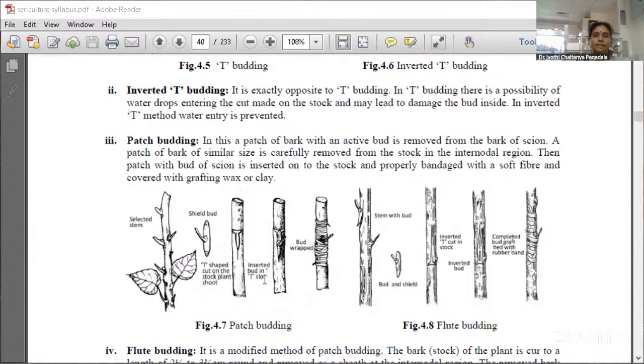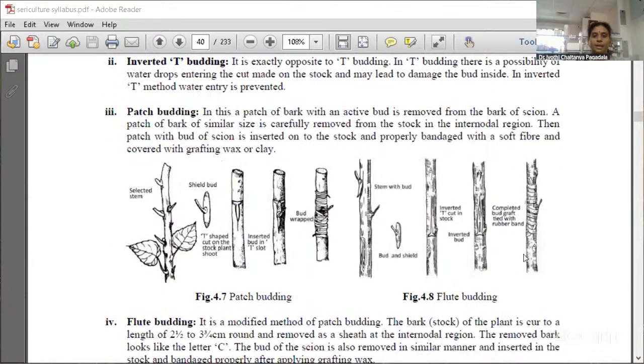Patch budding, here you can see the structure of the patch budding, levels of the patch budding. In this, a patch of the bark with an active bud is removed from the bark of the scion, a patch of bark similar in size is carefully removed from the stalk in the internodal region.